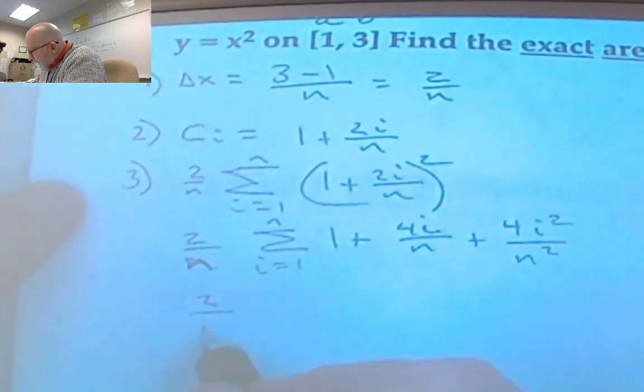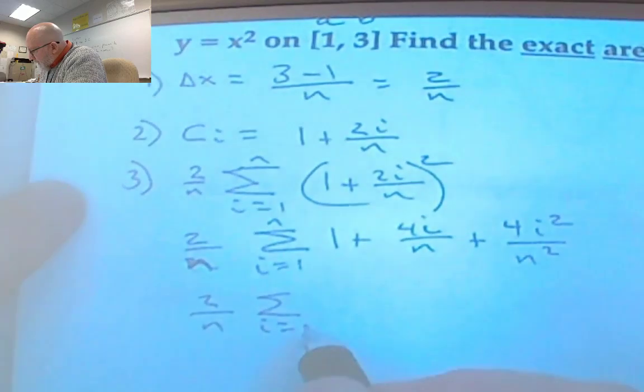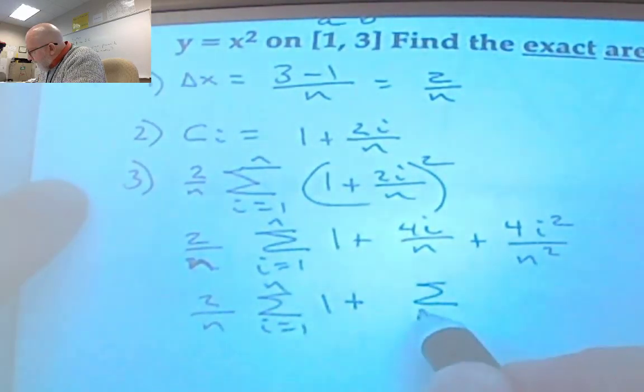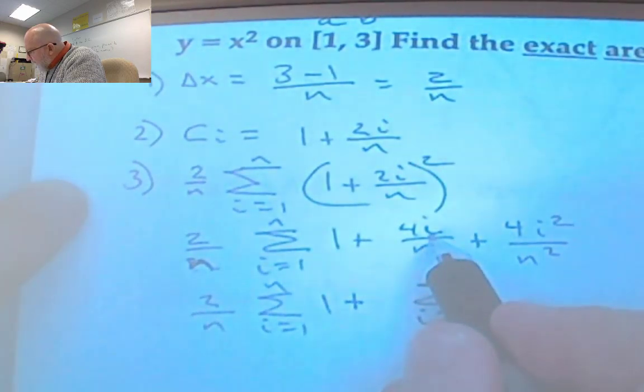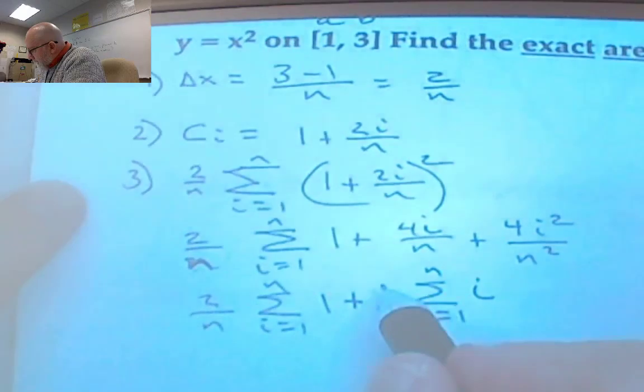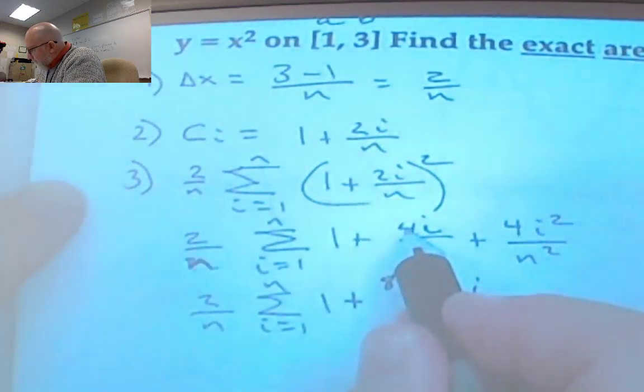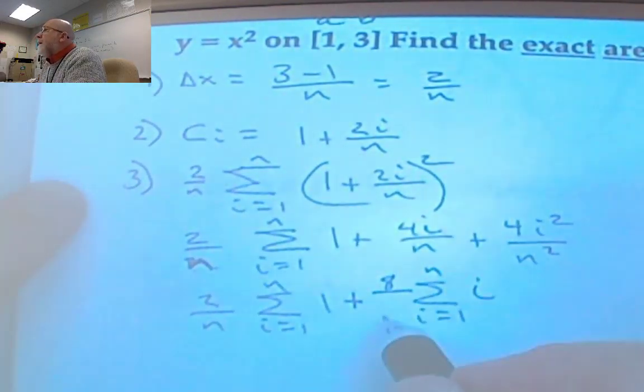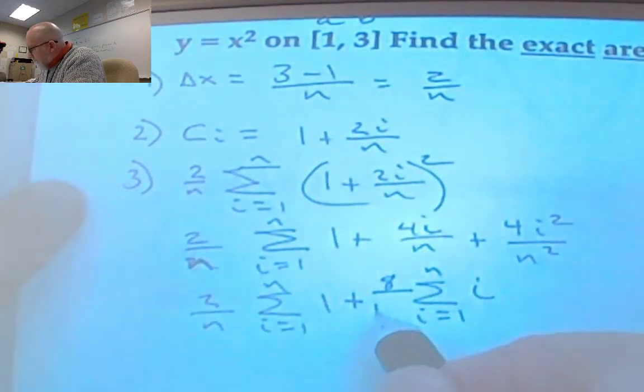3. This one's going to be like this, correct? Of 1 plus, right? Would you agree? And then I'm going to have the summation of i equals 1 to n. And there's going to be an i in here because there's an i. But out front will be what? 8, because 2 times 4 is 8 over what? n squared?